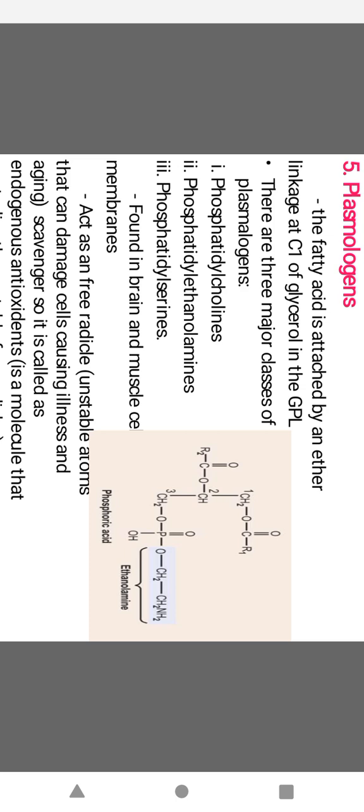Found in brain, muscle, and cell membrane, they act against free radicals, which means unstable atoms that can damage cells, causing illness and aging. The free radicals are called oxidants. They are prevented by these plasmalogens, which act as scavengers, so they are called endogenous antioxidants.